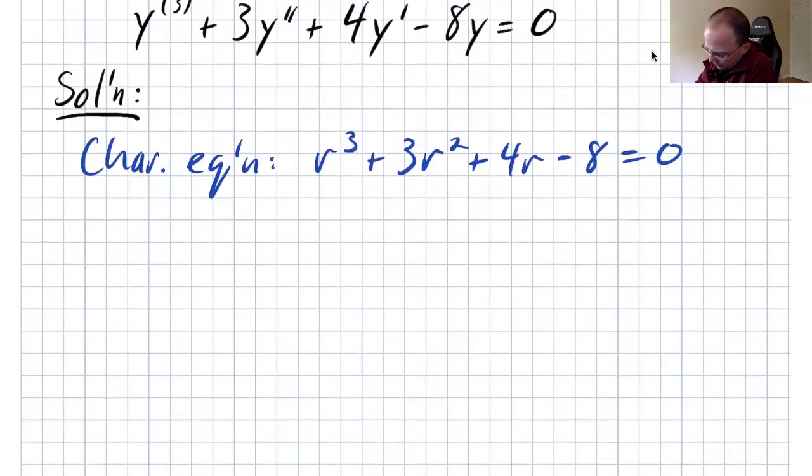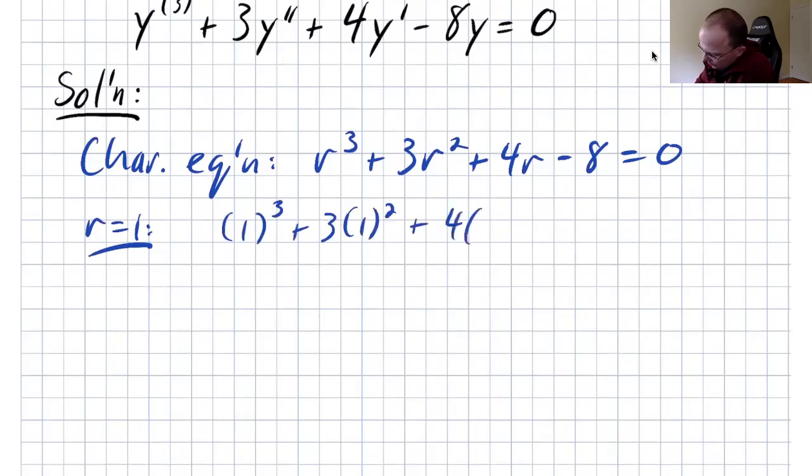So we could start with r equals 1 and see what happens when we substitute that in. So 1 cubed plus 3 times 1 squared plus 4 times 1 minus 8. And that would be 8 minus 8, which is 0.